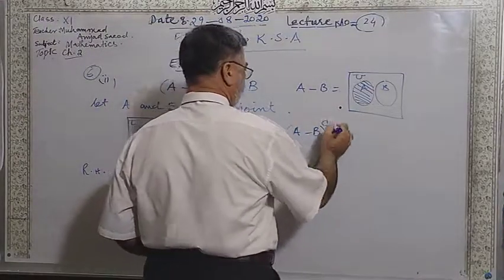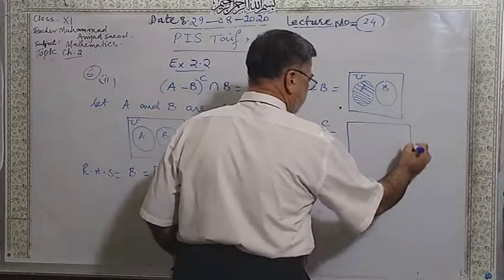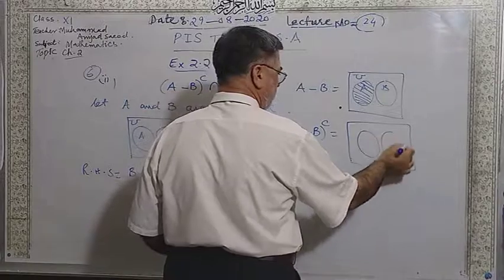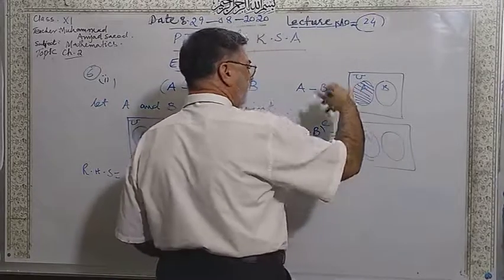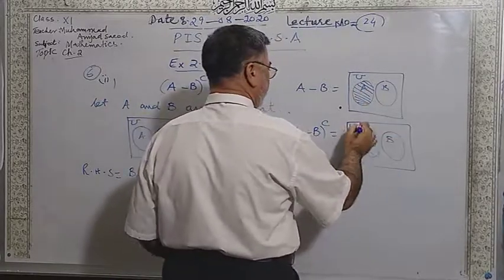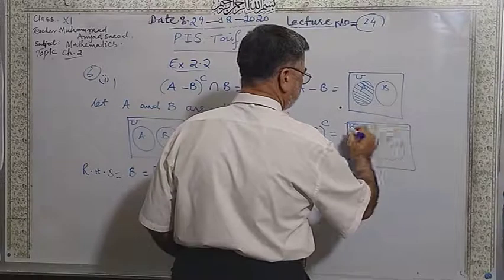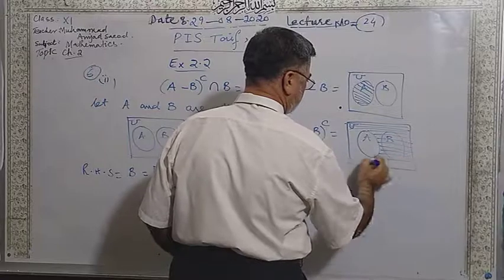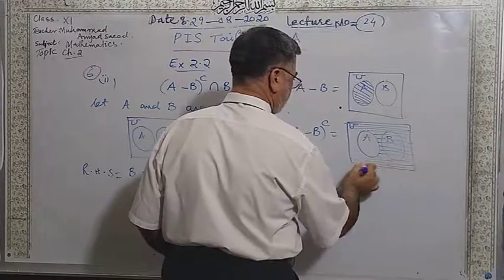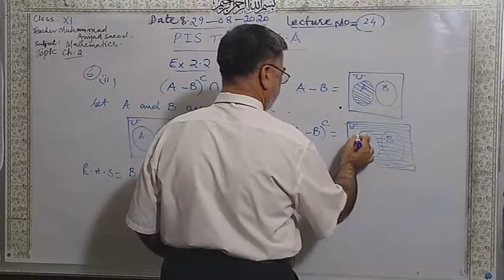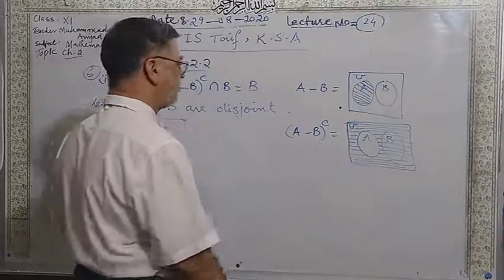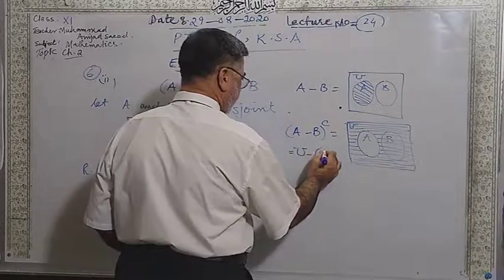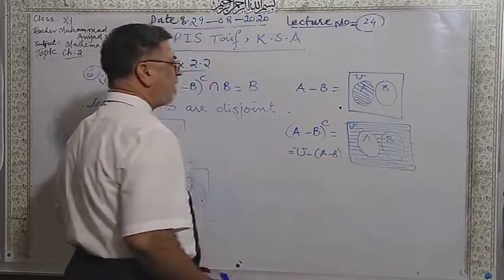A minus B complement means the complement of that. Complement means leaving this A difference B, everything else will be shaded. Complement means universal minus A difference B. What was A difference B?